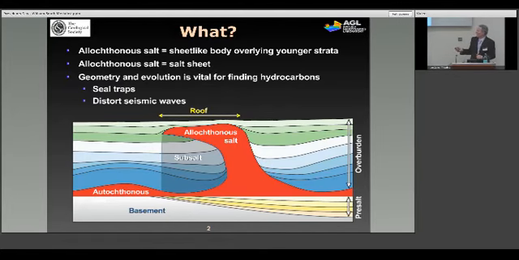And secondly, what is a little less well known is that salt acts to distort seismic waves, which is the principal tool for investigating subsalt regions. It's a bit like holding up a lumpy piece of glass to your eye: it will distort everything you see through it. Looking downwards, the seismic waves are distorted.